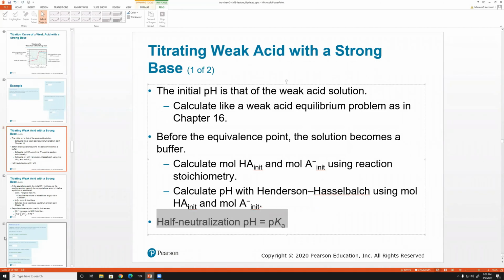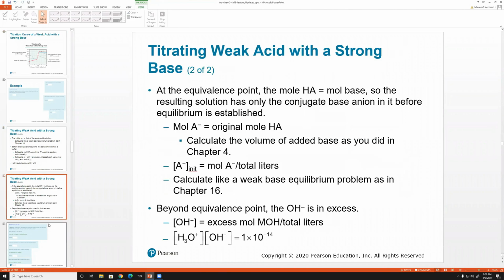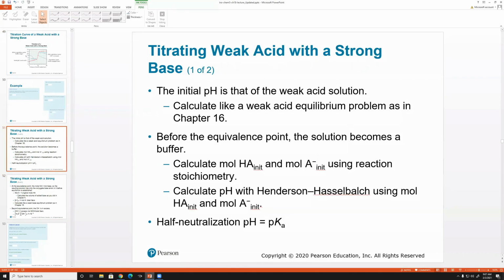And here's something that's important, the half equivalence point. So the equivalence point is right here. There's actually a thing called the half equivalence point where the pH is equal to the pKa. What that means by definition, when pH equals pKa, as we saw before, is when the log of the base over the acid is equal to 1.